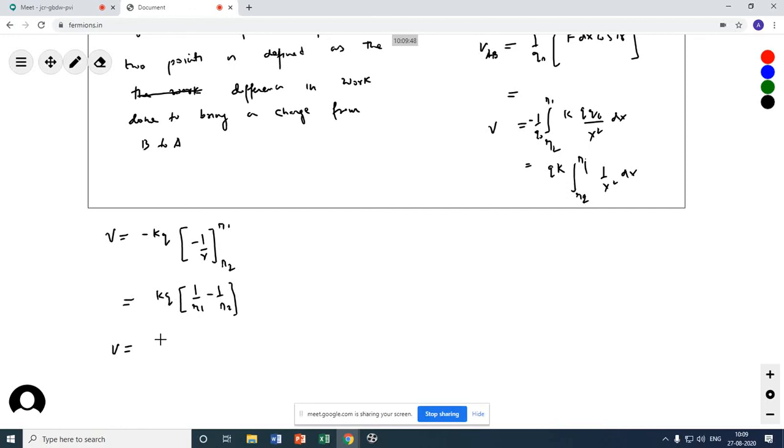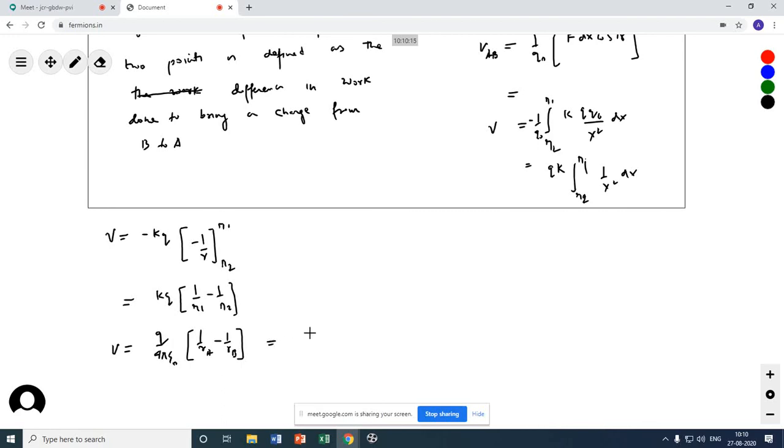So V is, sorry, I should write it this way: Q by 4 pi epsilon naught, 1 by RA minus 1 by RB. So this is RA minus RB. Why?